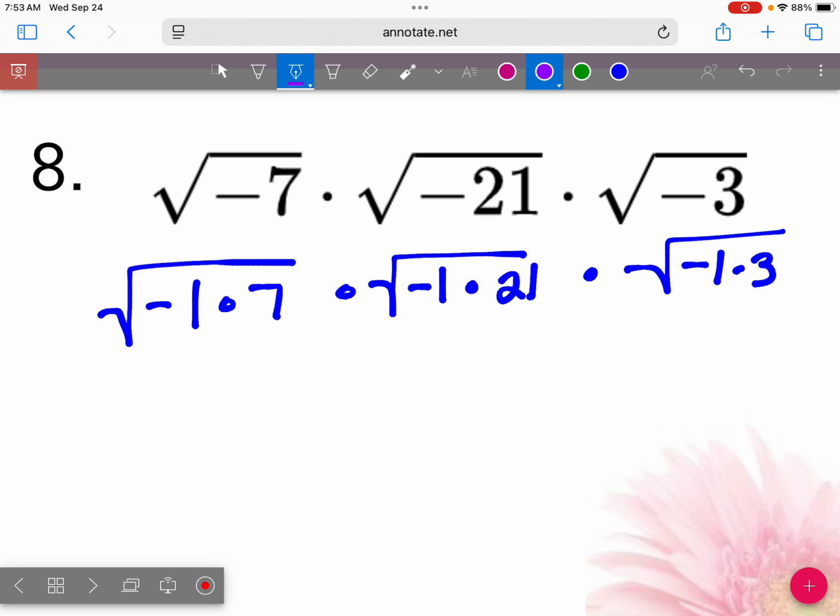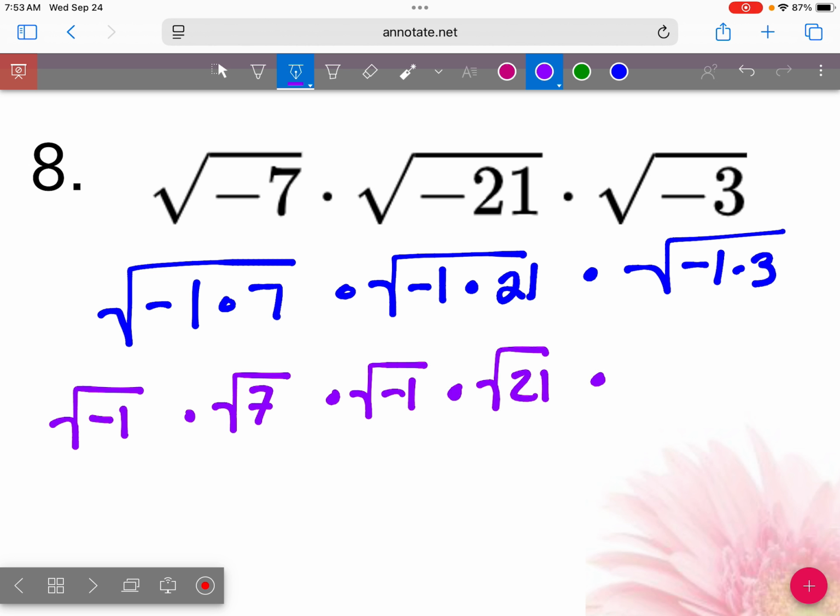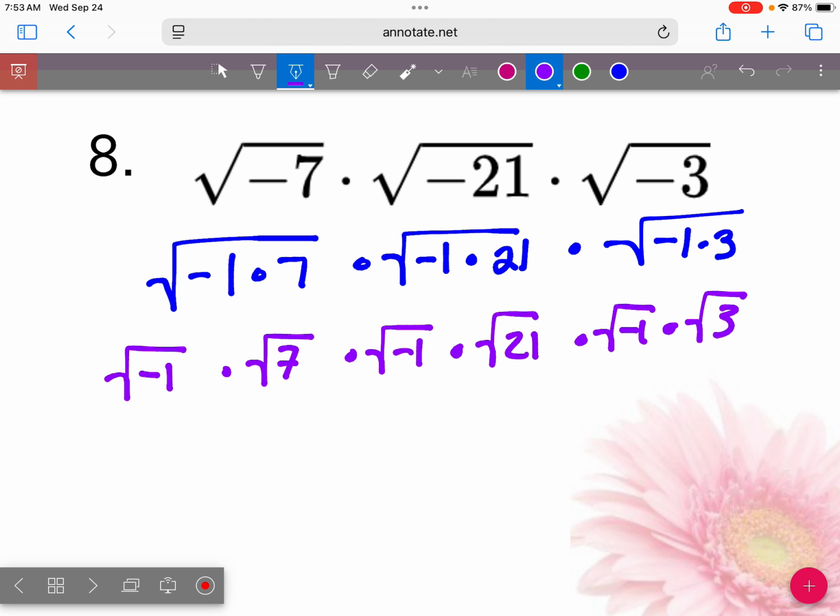And I'm not seeing a whole lot of simplifying that can happen here, except for the fact that we have all these -1s that we can take out. So I have an i here, and an i here, and an i here.